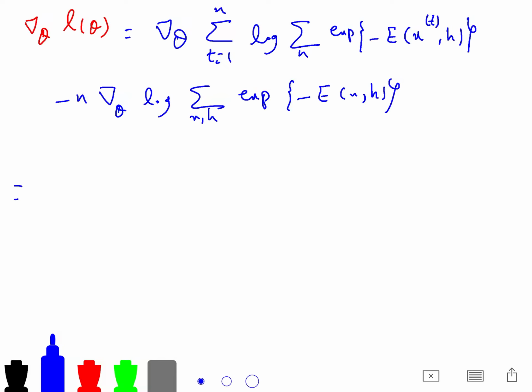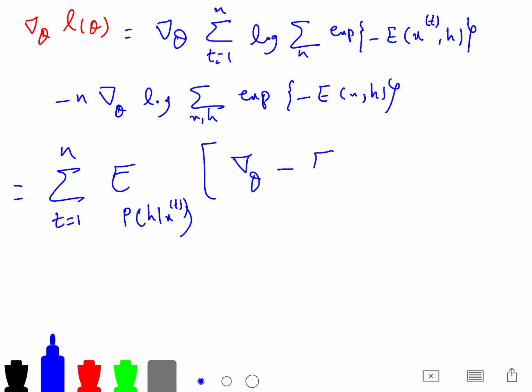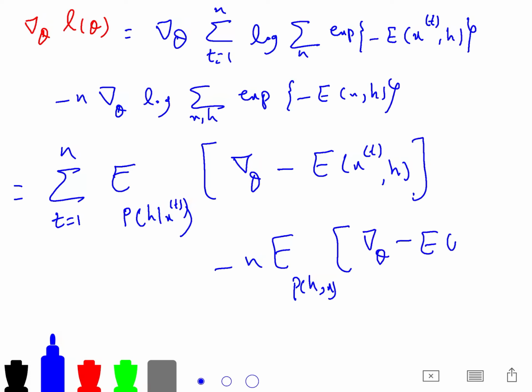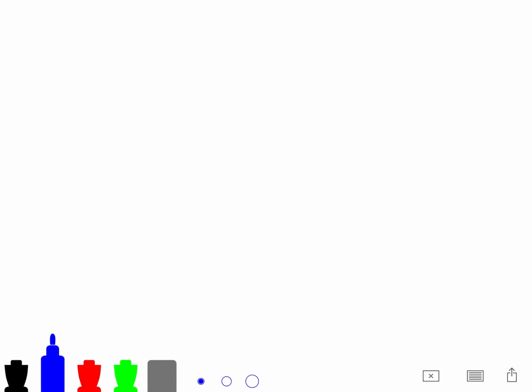That's easy because you can write it as the expectation with respect to the probability of h given x_t of the gradient of theta of minus energy, minus n times the expectation with respect to P of h and x of the gradient of theta of minus energy of x and h. So this is all about Boltzmann machines.